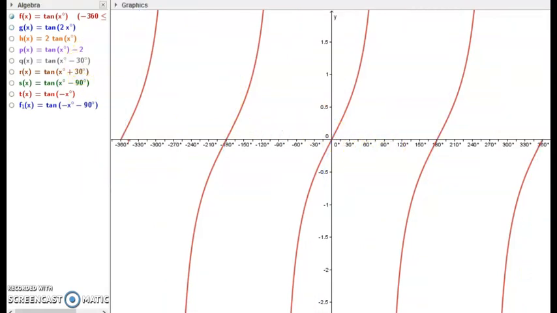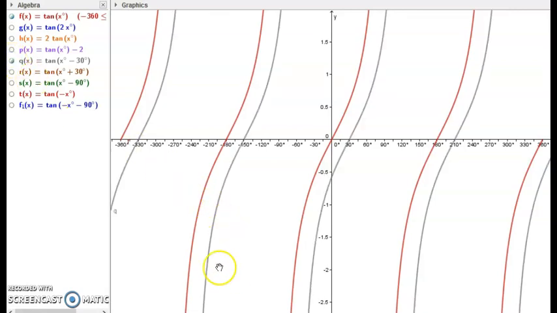For the following 2 graphs, we look at the shift of 30 degrees left and right. If we look at tan of x minus 30, the angle, I'm subtracting 30 degrees, which means everything that I do will now only happen 30 degrees later. So, if I subtract 30 from 30 degrees, I will have tan of 0 degrees.